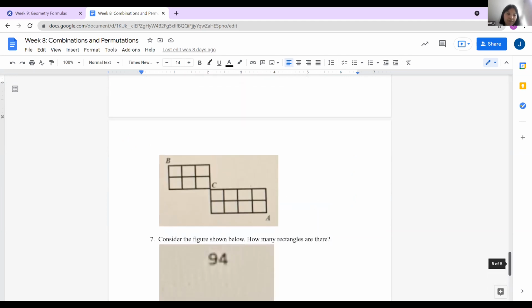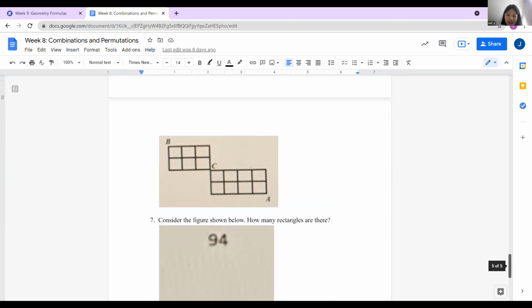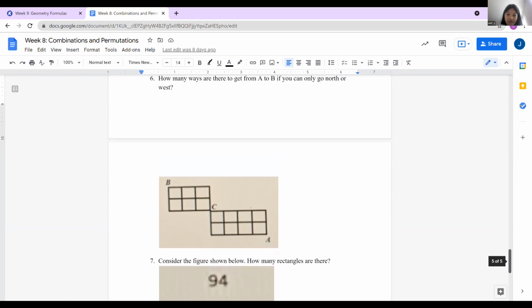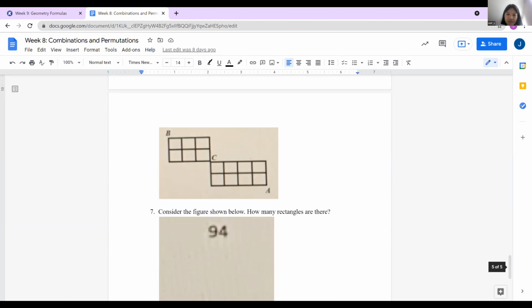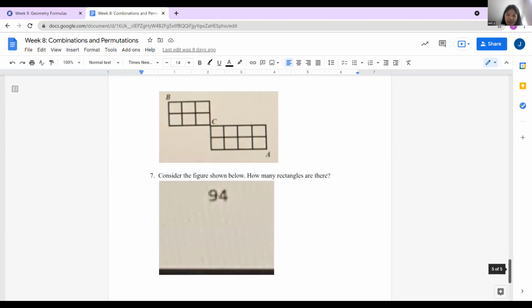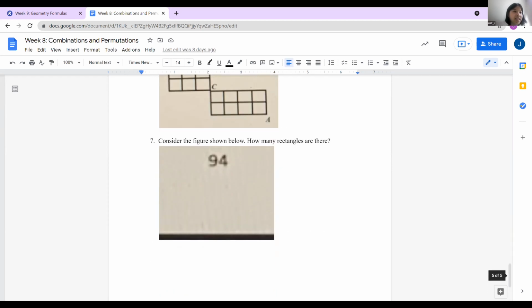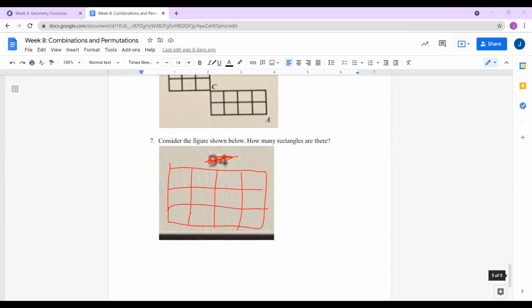Do any of you have more questions? If not, I'll go on to question 7. So for here, it's actually supposed to be a square. Yes.